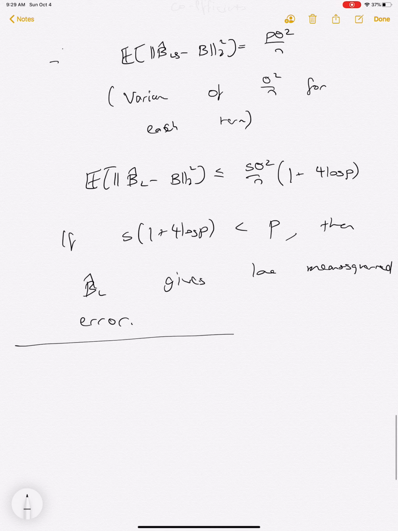So, as we expected, if b is sparse, you get a lower mean squared error.